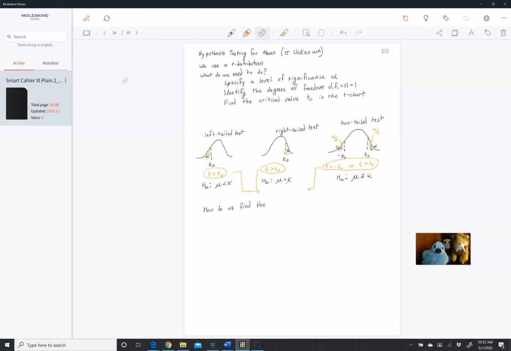I apologize for not organizing this a little bit better. Hopefully it's clear. If it's not, then obviously just send me an email and I can clarify the picture for you. Okay, so each of these are rejection regions that we have. That's where t is less than negative t0 or t is greater than t0. Okay, so let's talk about how we find this in the t-chart, and it's nice and simple.